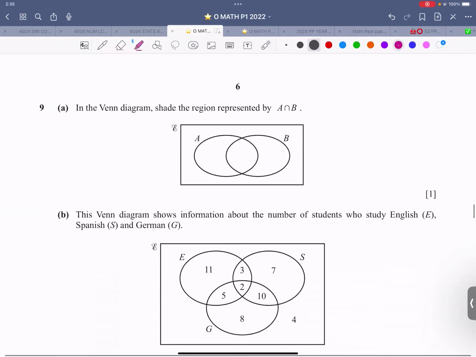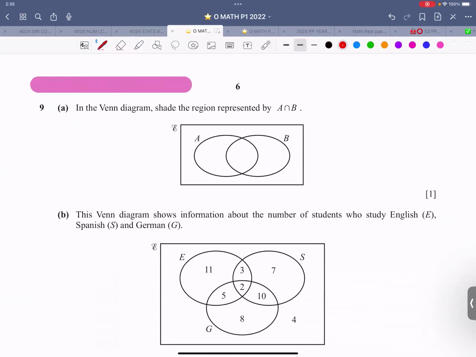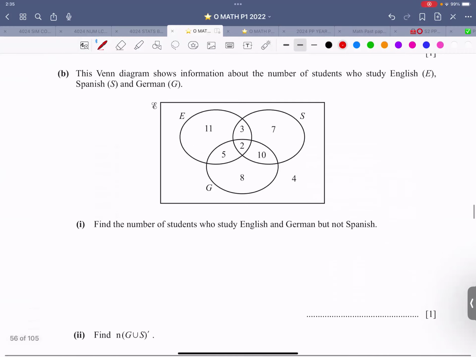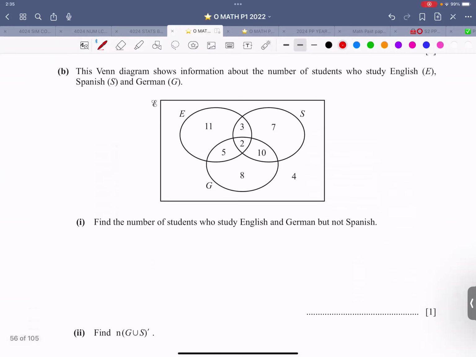Question number 9. This is about set notation and Venn diagram. So in the diagram, shade the region represented by A intersection B. So A intersection B is the common region. That is this one. That's the answer. This Venn diagram shows information about the number of students who study English, Spanish, German.